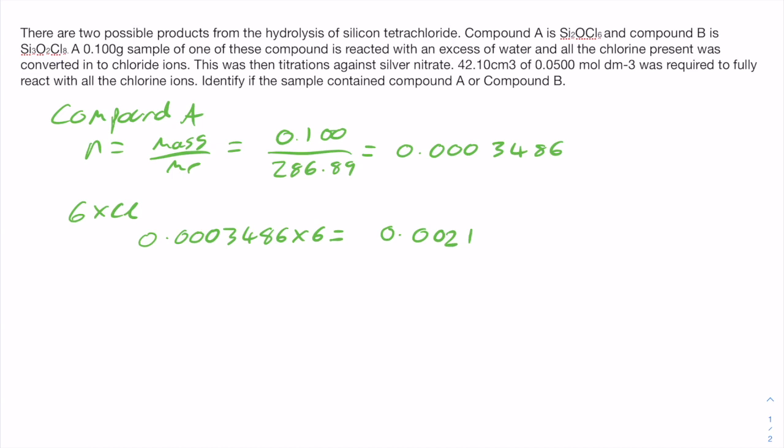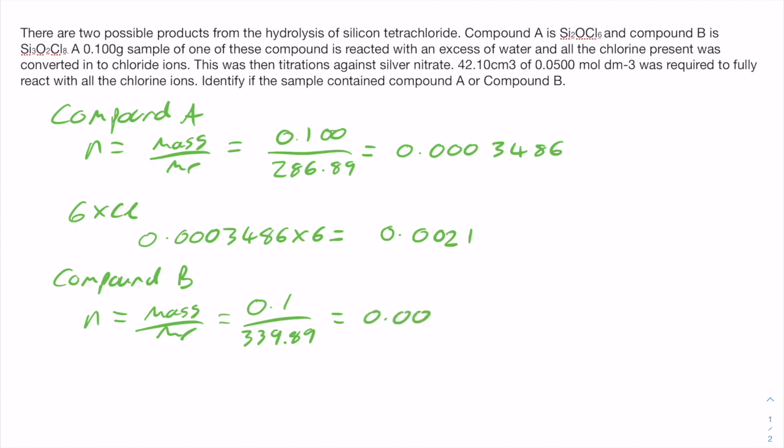And then I'll do it for compound B. Again, number of moles equals mass over Mr. I've got the same mass, and I've got an Mr of 339.89 this time, and that gives me a number of moles of 0.00029421.